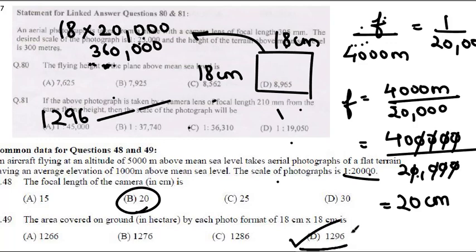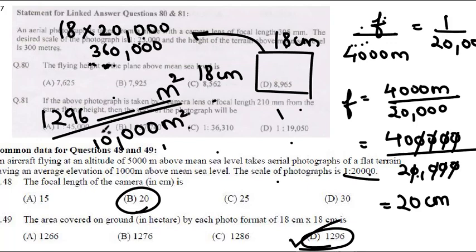Since I get this answer in meter square, dividing this value by the hectare value, 10,000 meter square, I will get my value as 1296. This 1296 will be the total hectare.